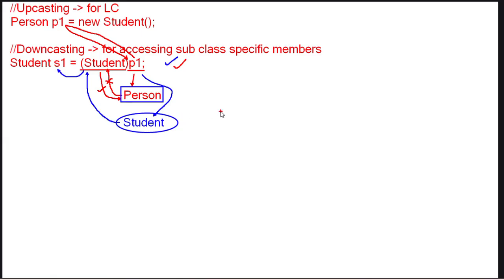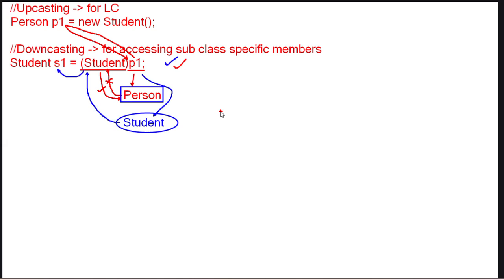Repeating again. What is the cast operator functionality? In downcasting, for converting an object to another type, we use the cast operator. By using the cast operator, we are informing the compiler that the object available in the reference variable is of the cast operator type, please perform the conversion. The compiler will not immediately accept that request. It will verify whether the object in P1 has a chance of being a student object.